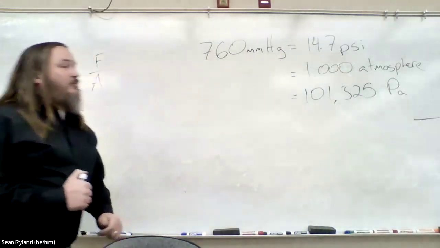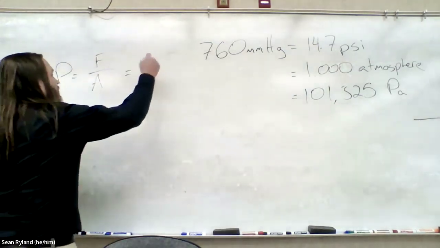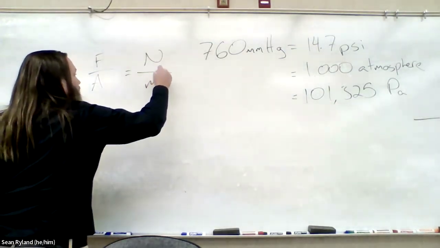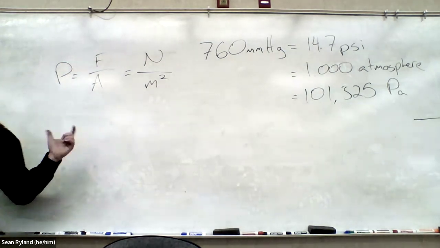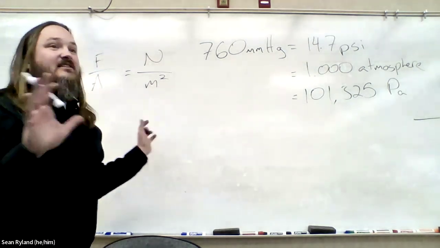Pascals is like pounds per square inch, except it's newtons per square meter. A newton is the metric version of a pound. A newton is 1 kilogram times meter squared over second squared. It comes from that kinetic energy equation. That doesn't matter that much.